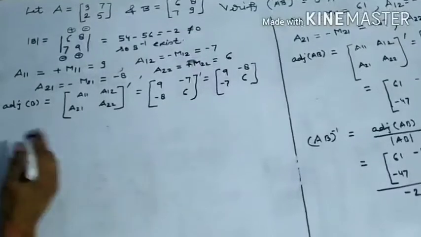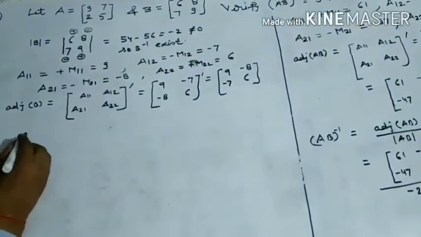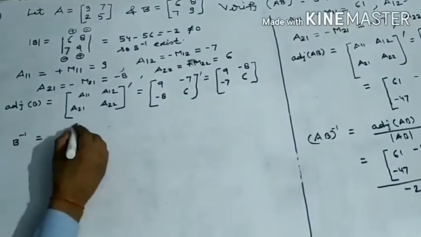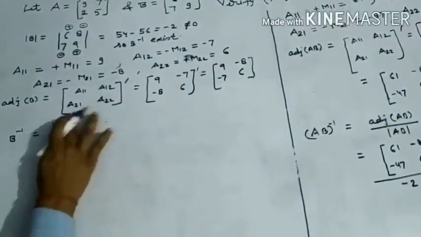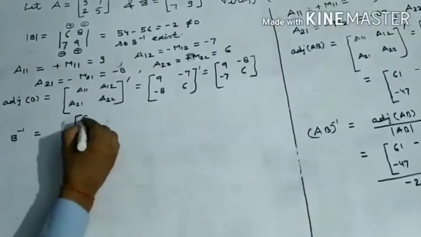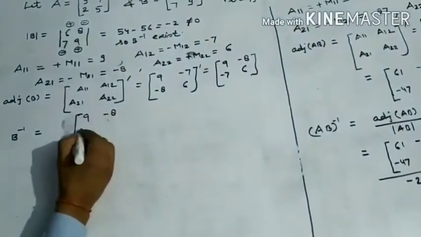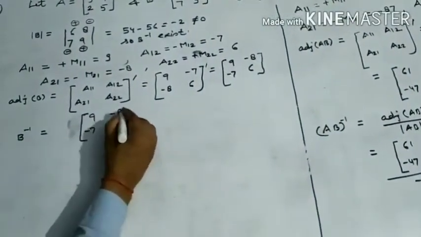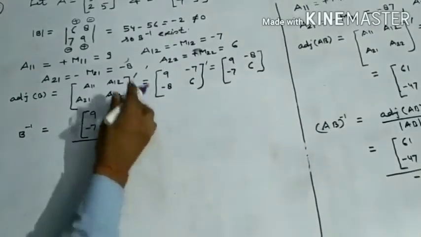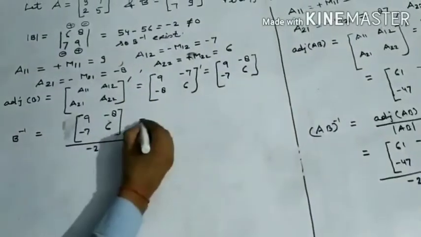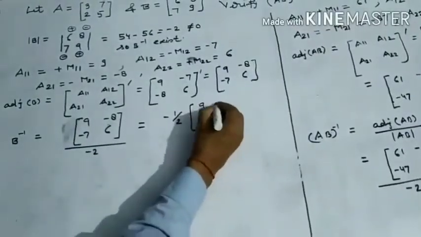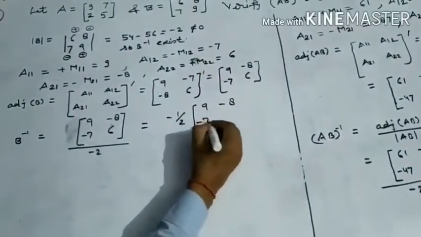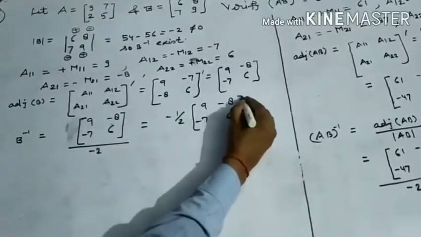Now B inverse is equal to the adjoint of matrix B divided by minus 2, or this is equal to minus 1 by 2, times 9, minus 8, minus 7, 6.